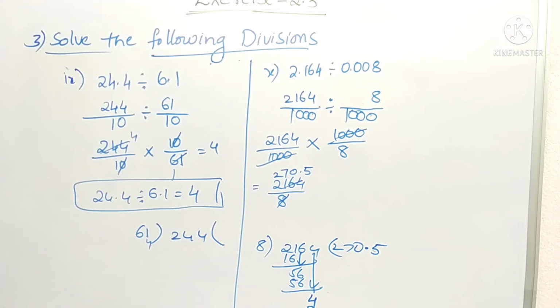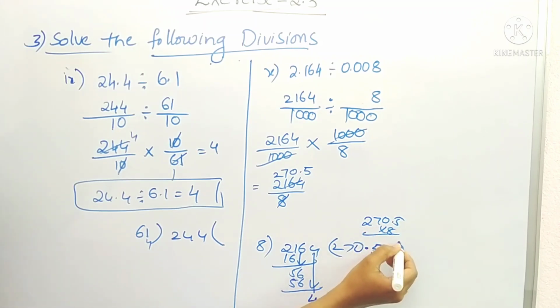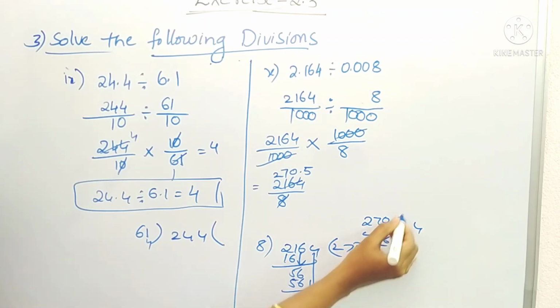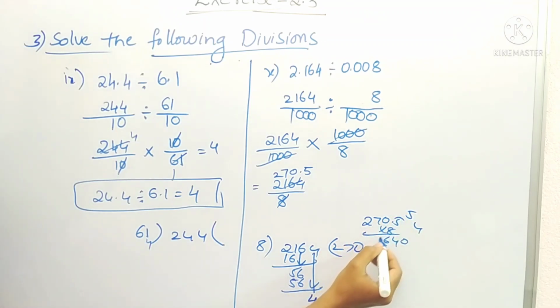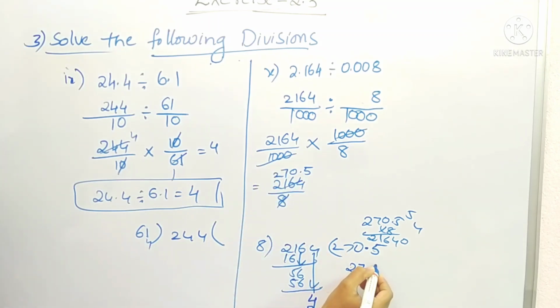Okay, so like that. So if you multiply 270.5 into 8, 8 5s are 40, 0 will be there, 4 will come, 8 7s are 56, 8 2s are 16 plus 5, 21. See, and if we do it without writing this 0, it will be 27.5.